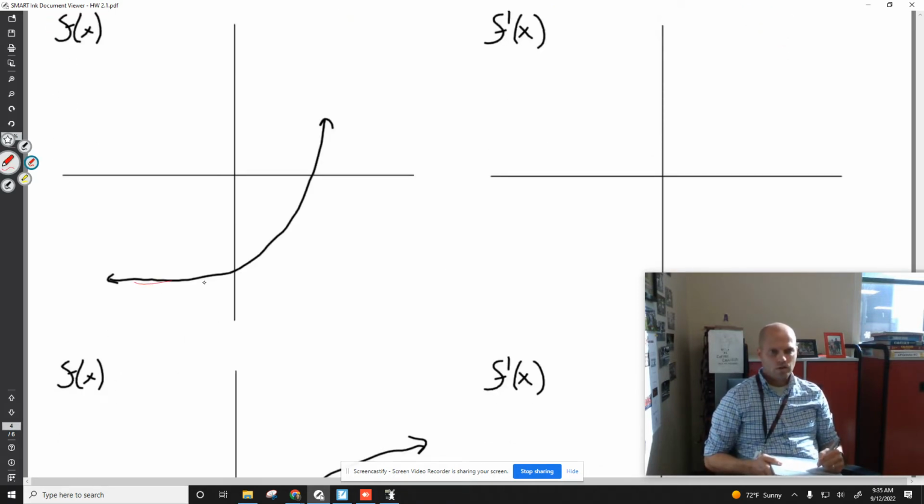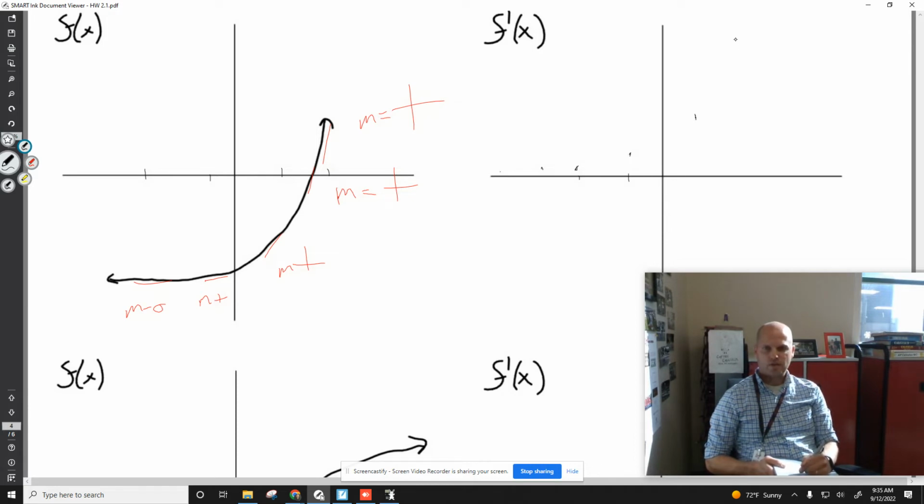Close to 0, positive, more positive, more positive, more positive slopes, coming from like -2. Close to 0. Let's just assume that it's not 0, but it's close to 0. Close to 0, positive, more positive, more positive, looks to be something maybe like this.